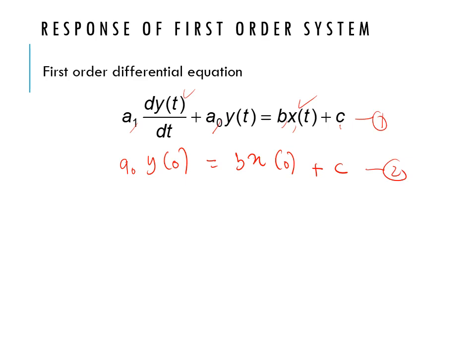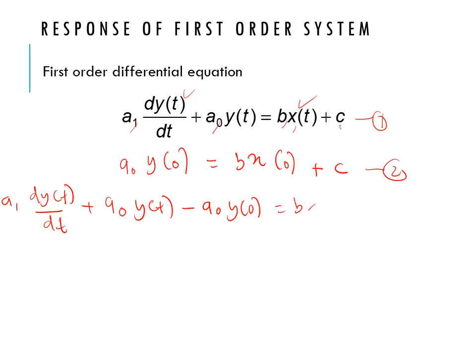In order to subtract, you need to do this arrangement: a1 dy(t)/dt plus a0 y(t) minus a0 y0 equals b x(t) minus b x0 plus c minus c. So you can cancel off c and then gather the equation.